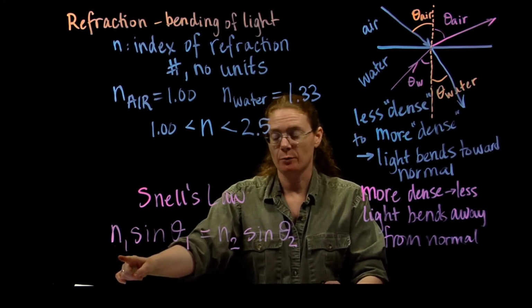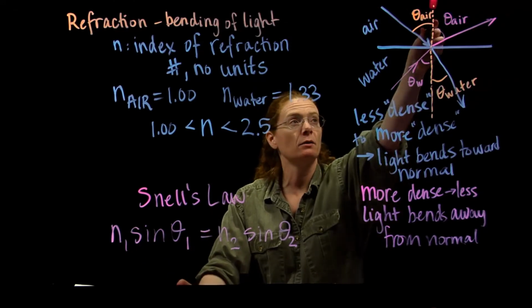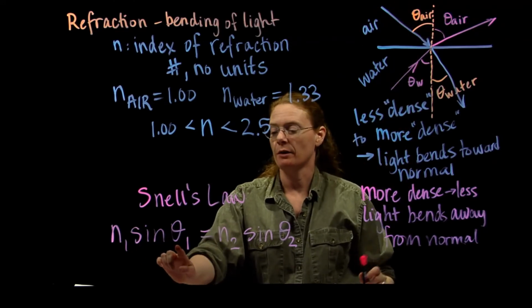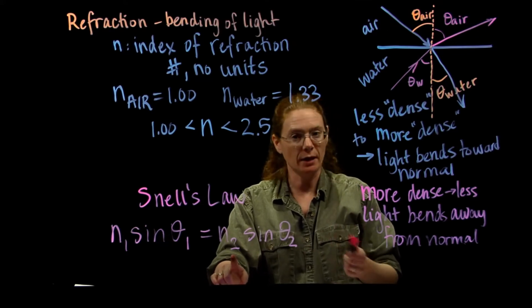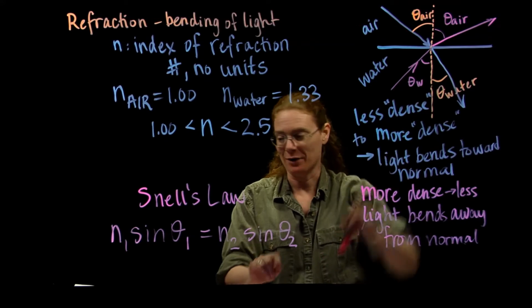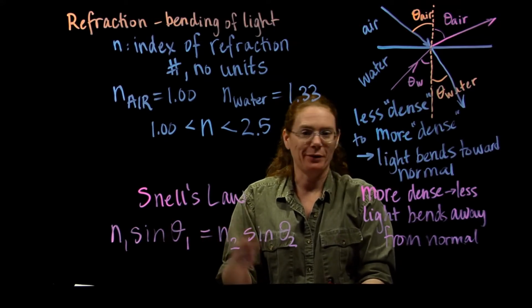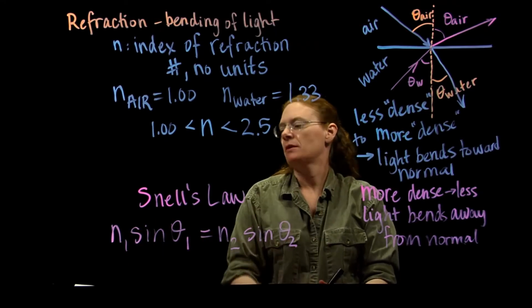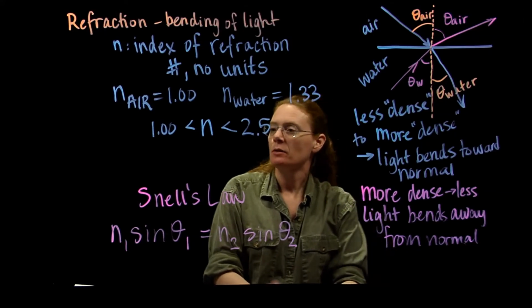Index of refraction of the first material times the sine of the angle from the normal in the first material equals index of refraction of the second material, water, times the sine of the angle in water. So for air to water, that's what it would look like. So nice and symmetric, easy to deal with. So that is Snell's Law.